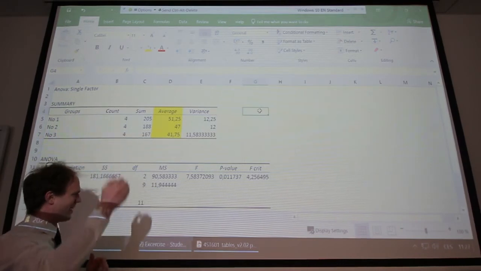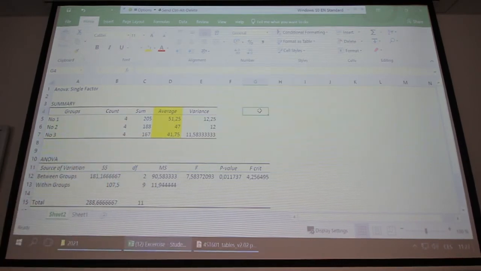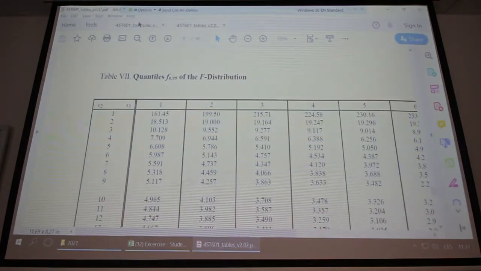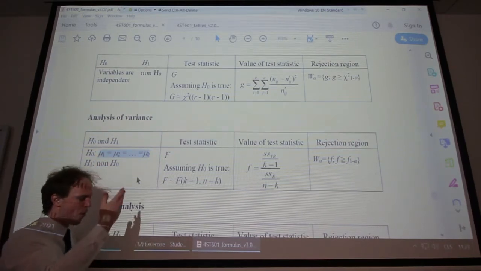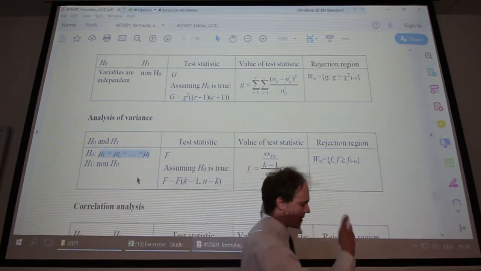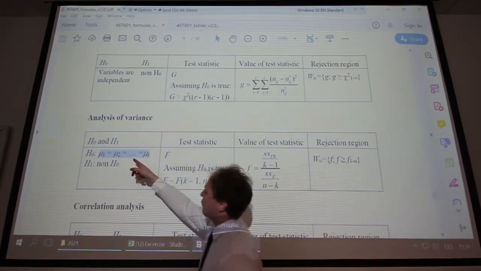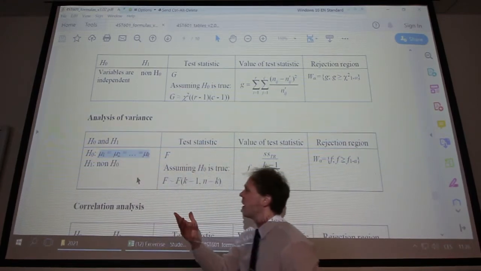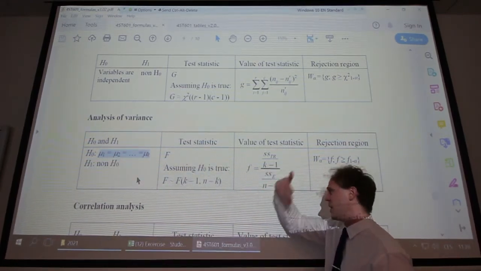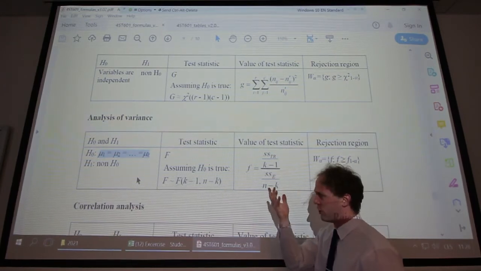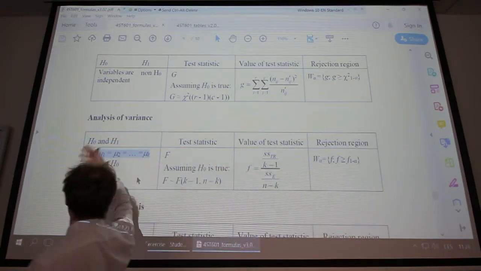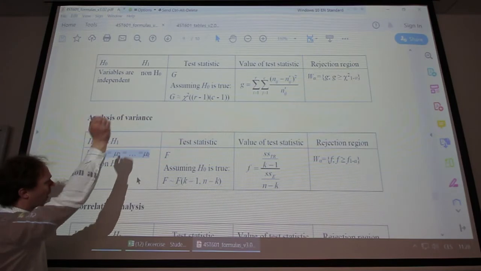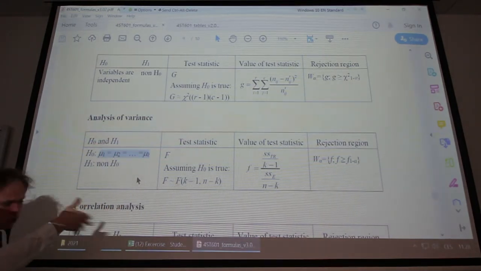And if you remember our zero hypothesis, it is that the average number of achieved points in the group of Mr. McDonald is equal to the average number of achieved points in the group of Mr. King, and this is equal to the average number of achieved points in the group of Mr. Benz. So Mr. McDonald, King, and Benz are equal teachers.